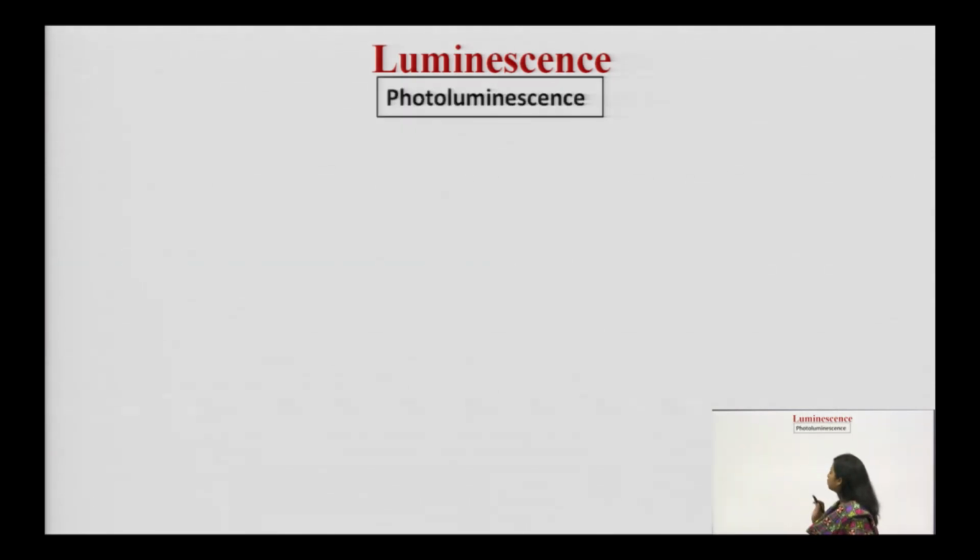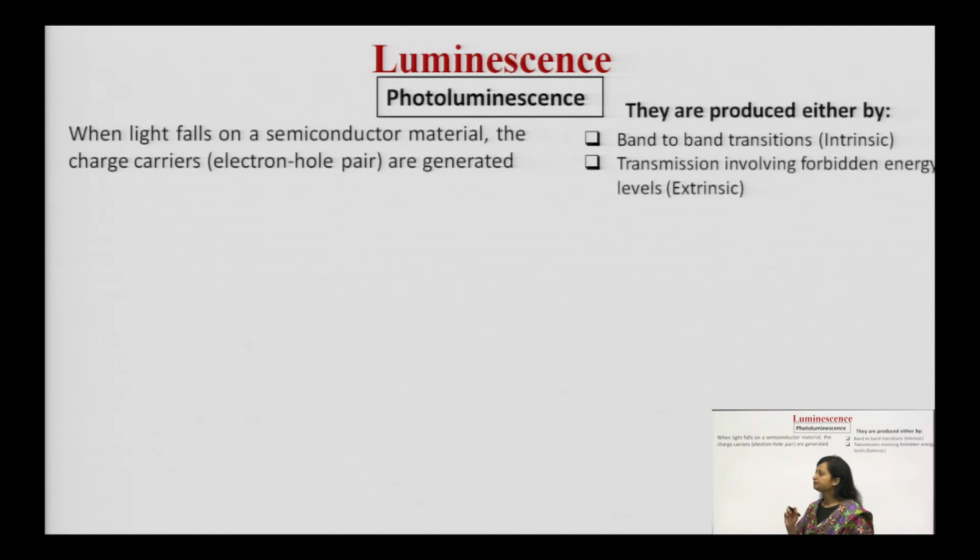First is photoluminescence. What is this? When light falls on a semiconductor material, the charge carriers, electron hole pairs, are generated. We have discussed already, when light falls on a semiconductor material, there will be an excitation of the charge carriers, and some electrons will move from the valence band to the conduction band.